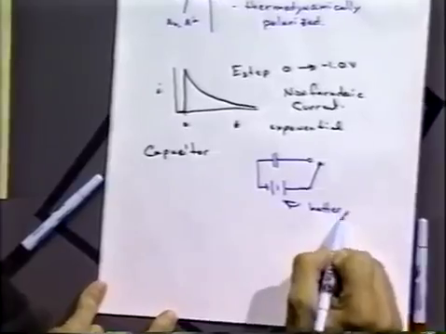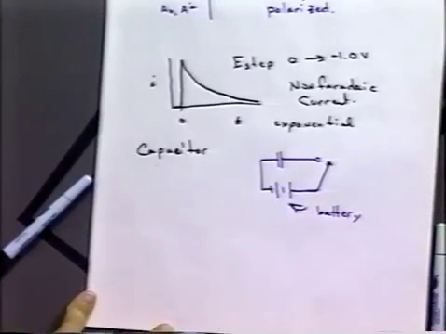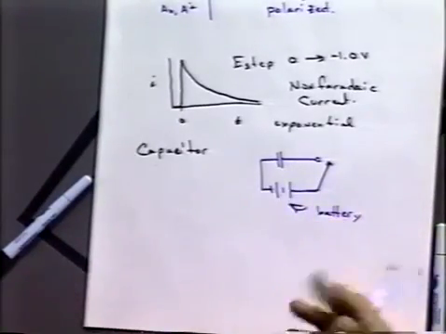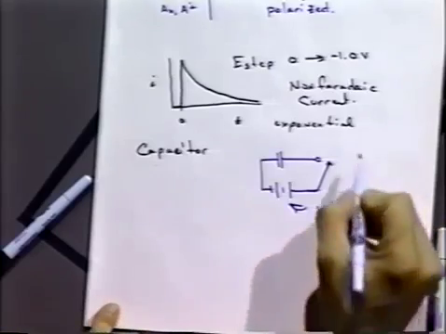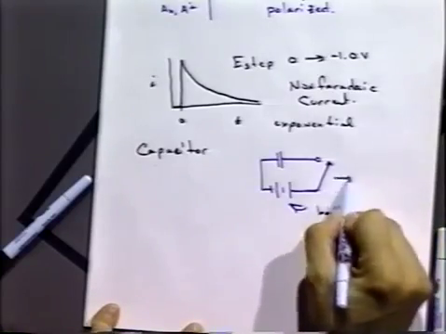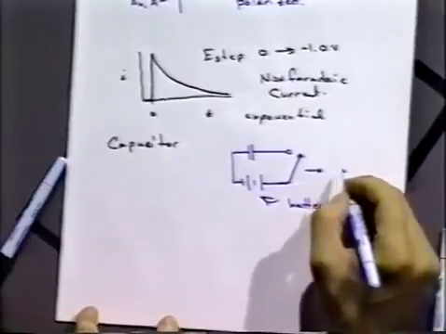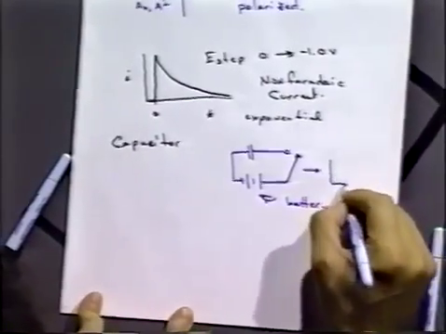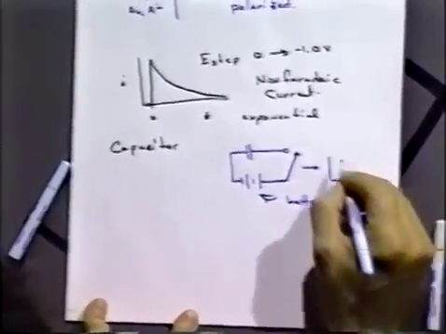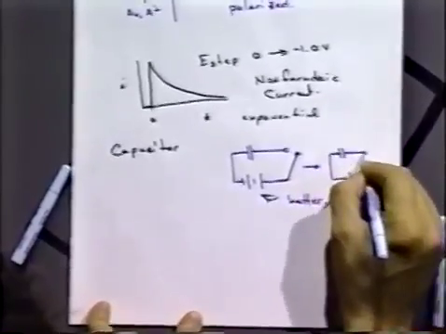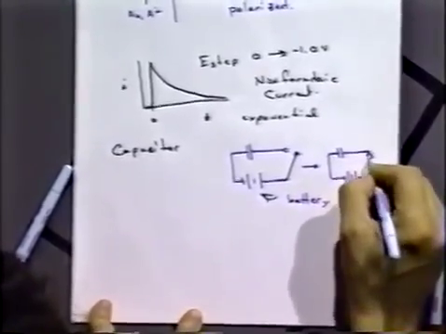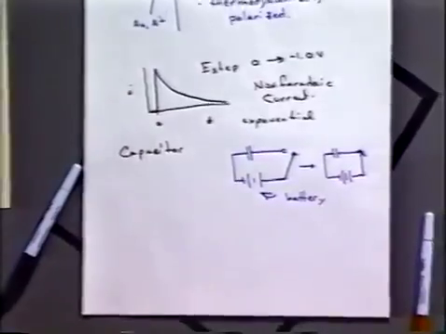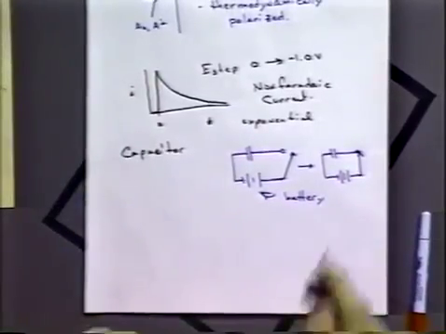That's the symbol for a battery, those alternate short and long lines. That's the capacitor. Now the capacitor is initially uncharged, but what happens when we close the switch? Current will flow, okay, on a capacitor.